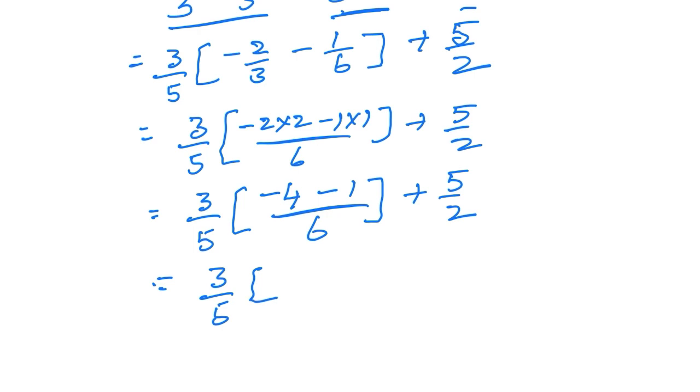In brackets it gets minus 4, minus 1, minus 5 by 6. Here you see how to simplify this one. There is no into symbol between these two, so you can add these two because they are of the same sign. This is minus 4, this is minus 1. So you can add these two. Okay, minus 5 by 6 plus 5 by 2.